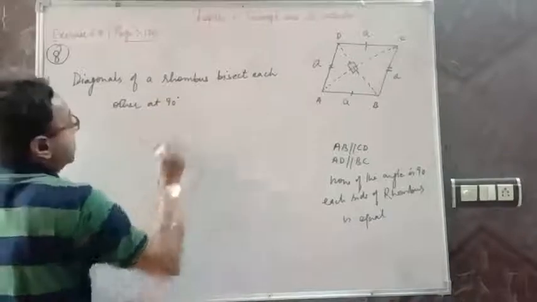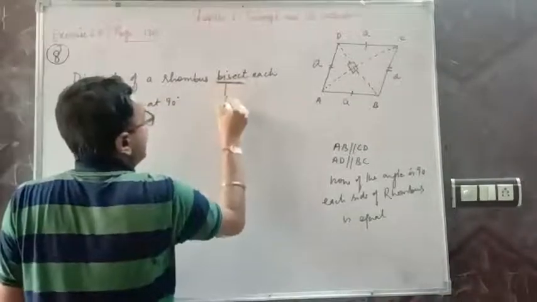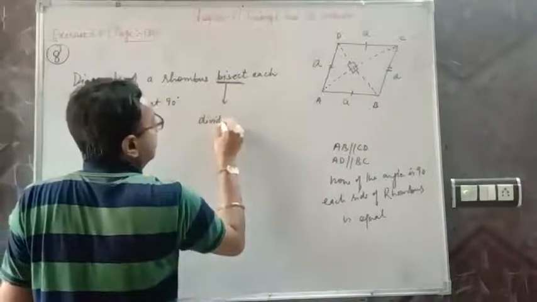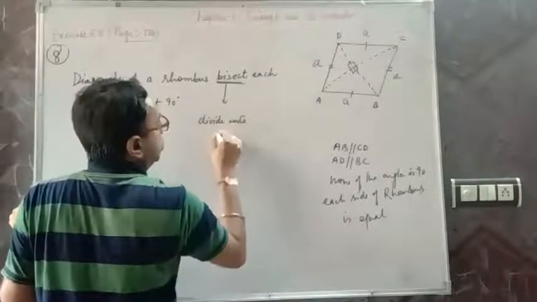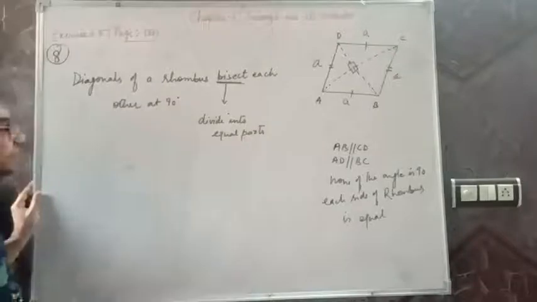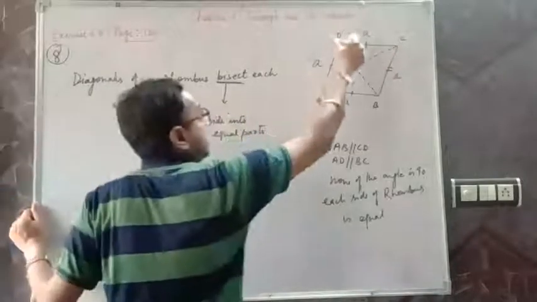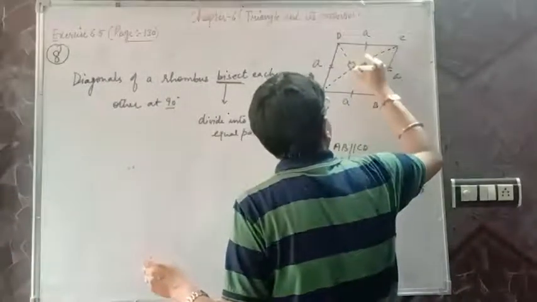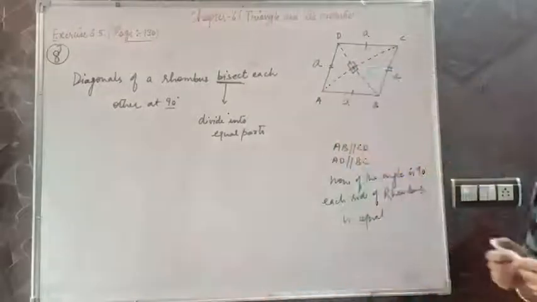Understand what it means. First of all, bisect means divide into two equal parts. Are we clear? 90 degrees means they cut each other at 90 degrees. This is what it means.